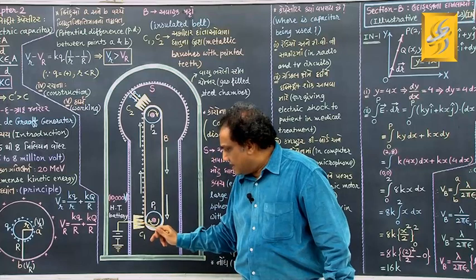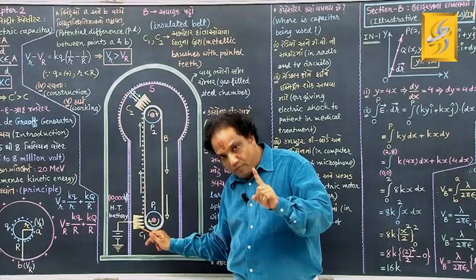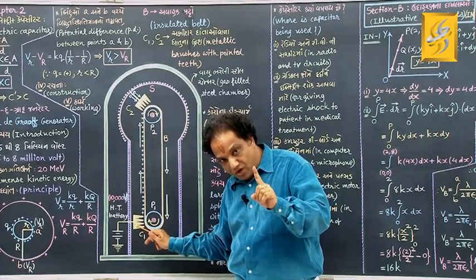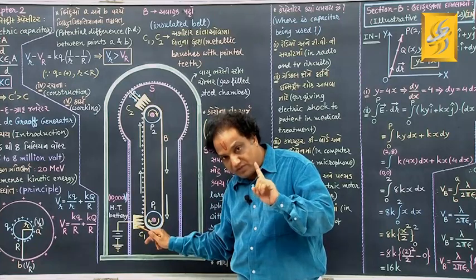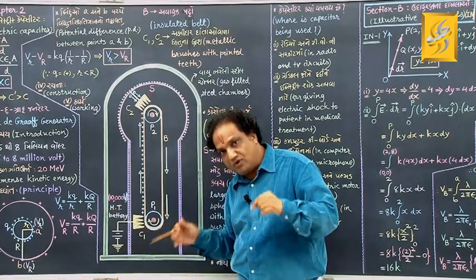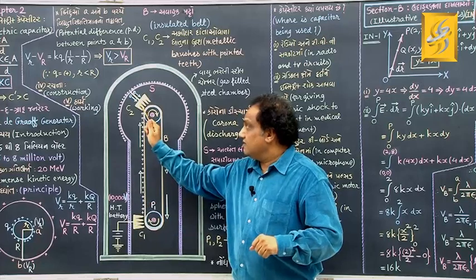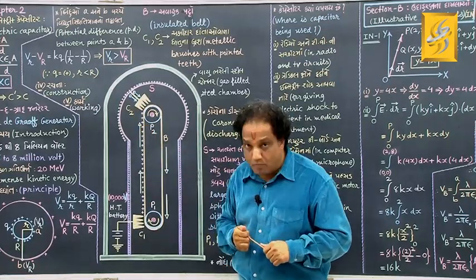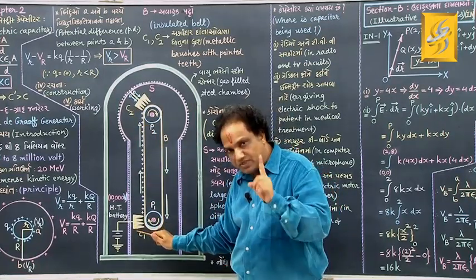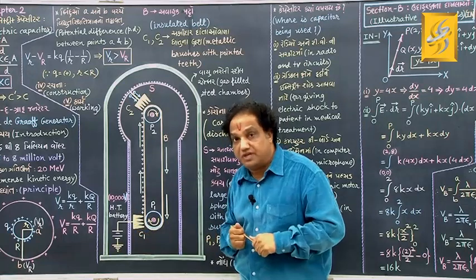Now this comb is called the spray comb, because we are going to have a spray of positive charges from this comb. And here this comb is called the collector comb. This is spray comb C1, this is collector comb C2.